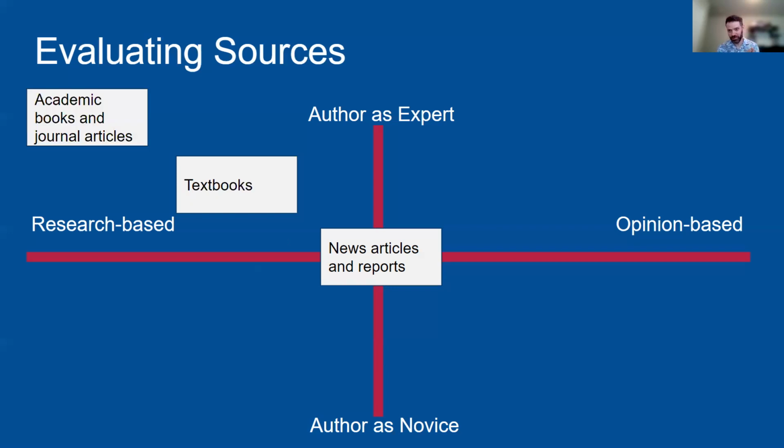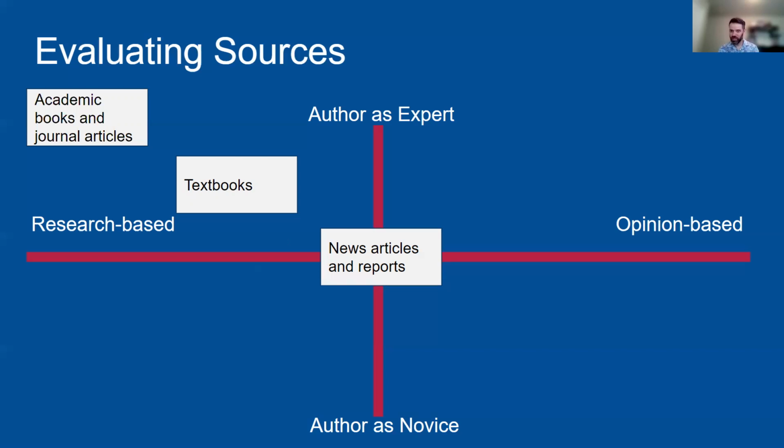Even more difficult to read and understand are academic books and research articles that are published in journals for other researchers. So the authors here are definitely expert researchers in their topic. They have graduate degrees in that field. All of the articles have large amounts of citations throughout them, where they're connecting their ideas to other research articles and books.